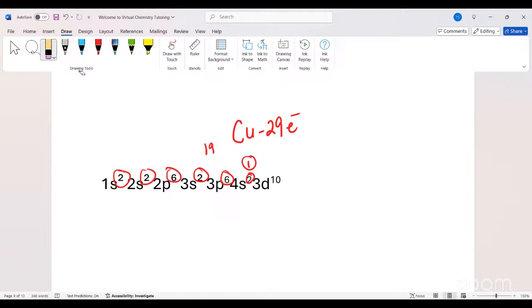So what we're going to write down for our configuration, I'm going to say 1s2, 2s2, 2p6, 3s2, 3p6, 4s1. Now I'm going to pause right there for a moment.